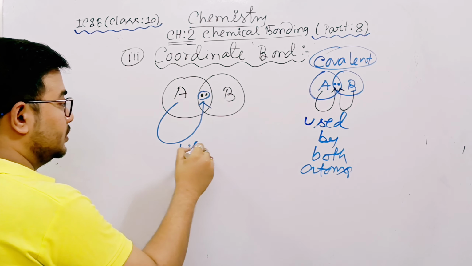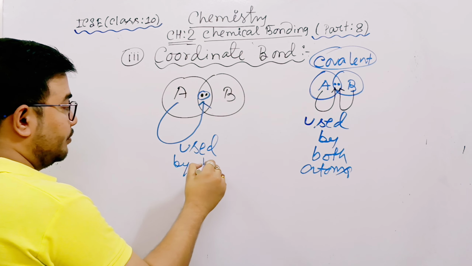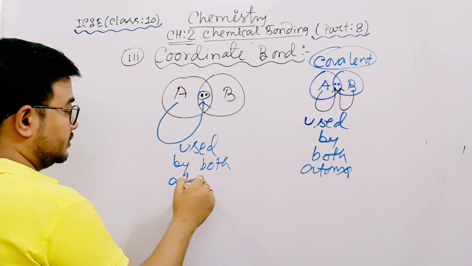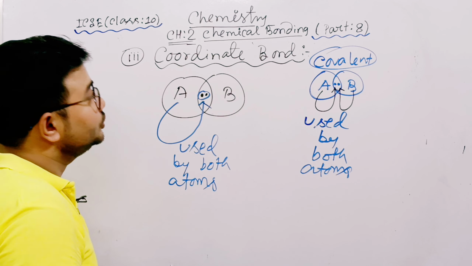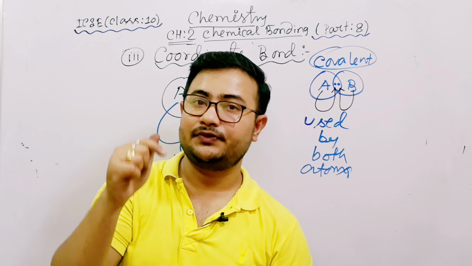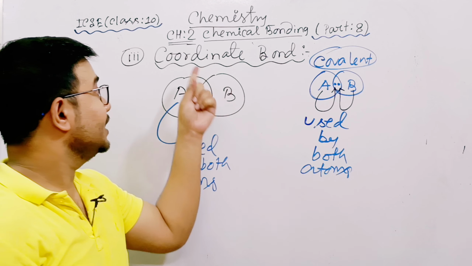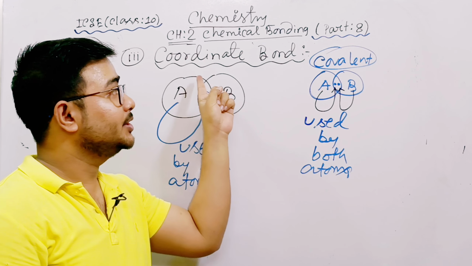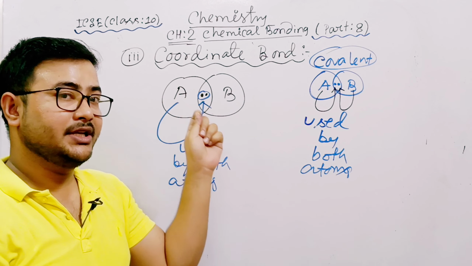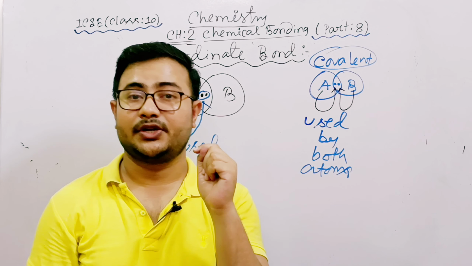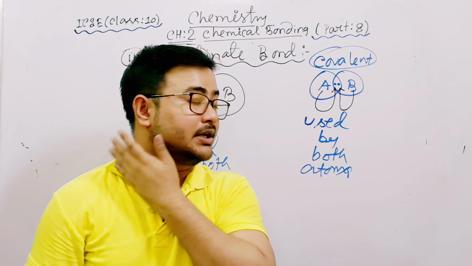Here also used by both atoms, but here shared by one atom. Do you understand? So first you pause the video here, write down the definition of coordinate bond yourself, then I'll tell the definition and you match it with your definition and find the error, if any.